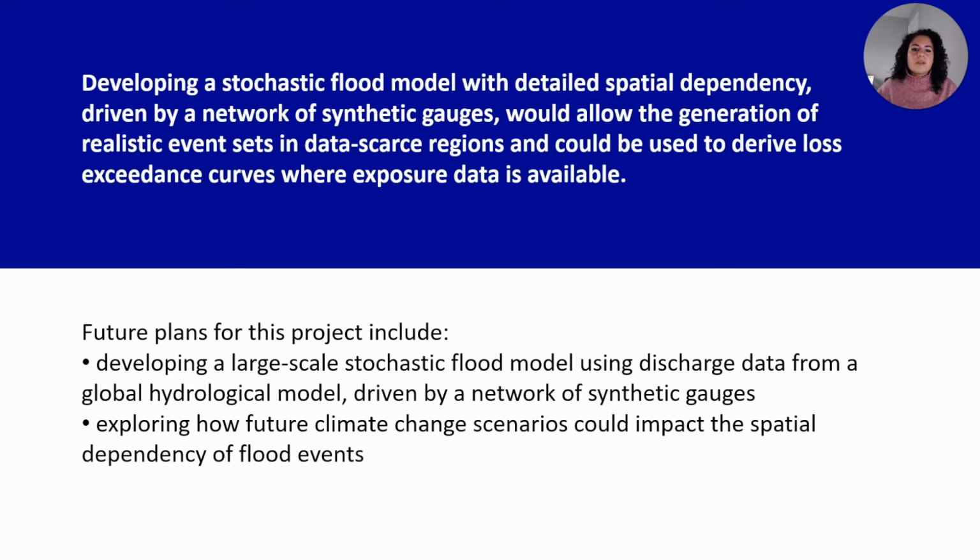So the results from this research at present suggest that we could use discharge data from global hydrological models to derive spatial dependency in stochastic flood models. And this would allow us to design a synthetic gauge network to use and generate event sets with detailed spatial dependency in data-scarce regions at the locations that we're interested in, and also evaluate losses where we have exposure data.